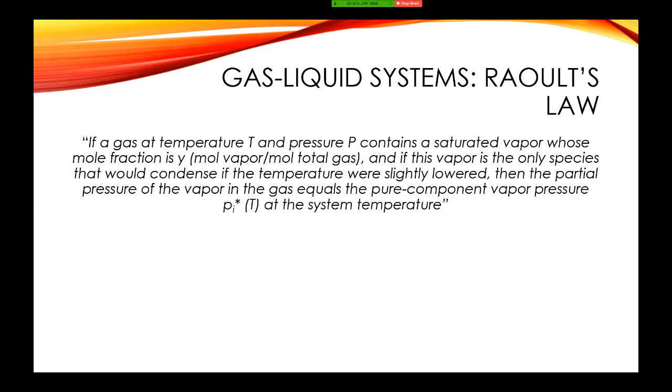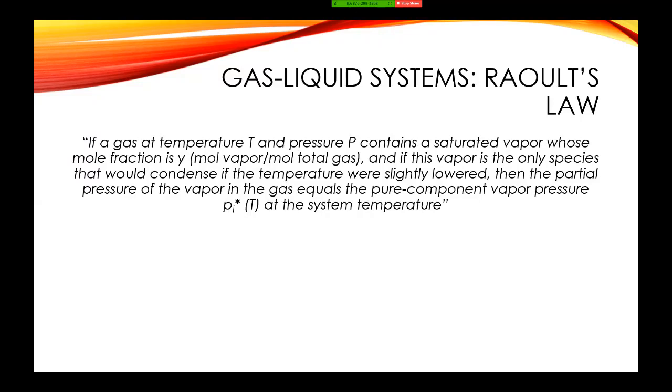Okay, so a saturated vapor means that the system is full of water, right? You can't dissolve more water in the air. That's what it means. It's in equilibrium, and it's of course the value of the vapor pressure. So in this vapor, the only species that can be condensed quickly is the water, because nitrogen and oxygen condense at minus 170 and minus 240 or something like that.